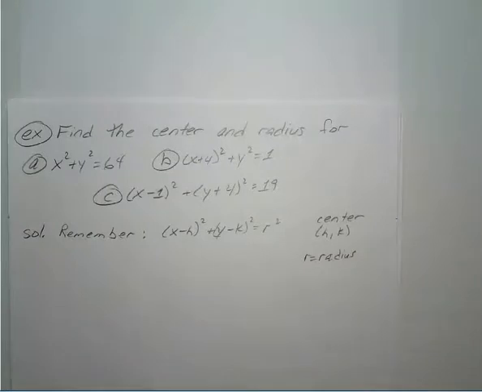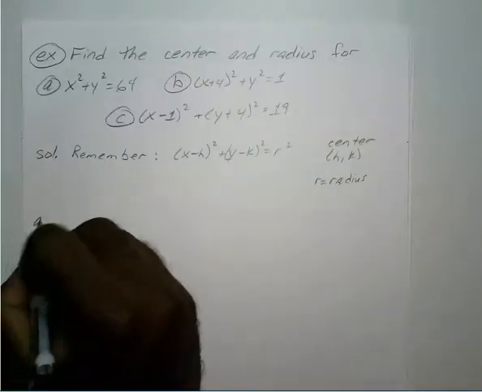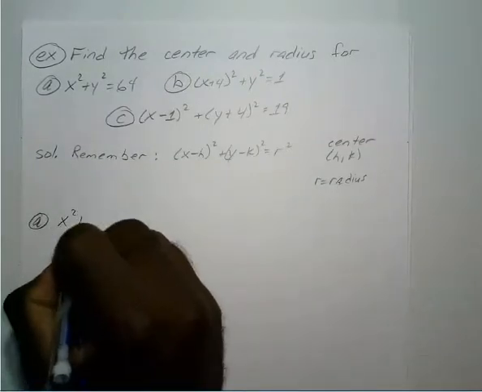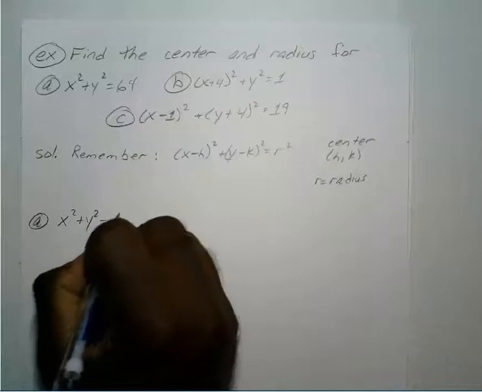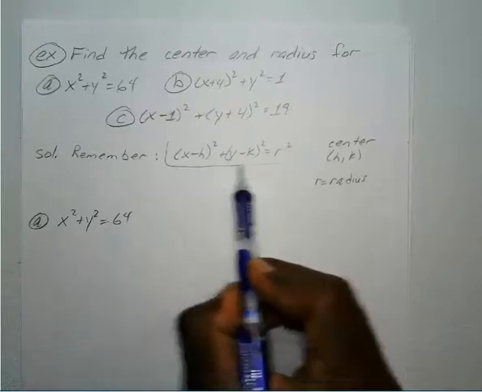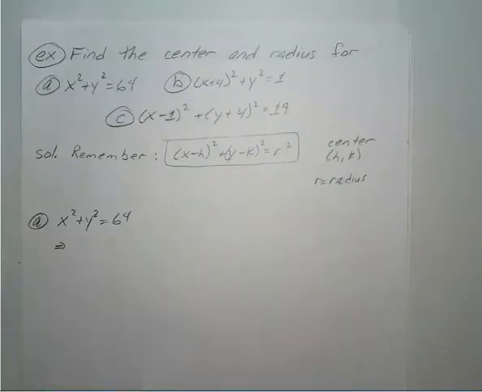Alright, so let's go ahead and dive into these. For problem A, you have x squared plus y squared equals 64. But remember, you want to have it in this form, so all we have to do is rewrite it.